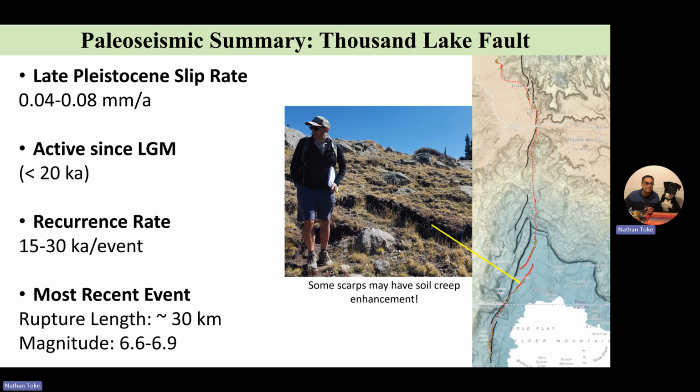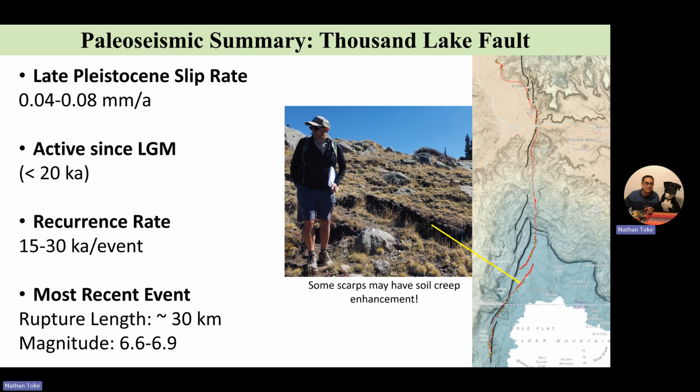This was not seen on other visits to the site in other years, and therefore it's not necessarily expressed in the LiDAR data that we saw, but it could be making the scarps look steeper than they actually are. Good question about whether or not they're increasing our estimated magnitude of displacement in some areas along the most recent event as well.